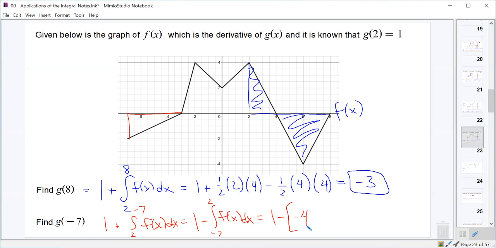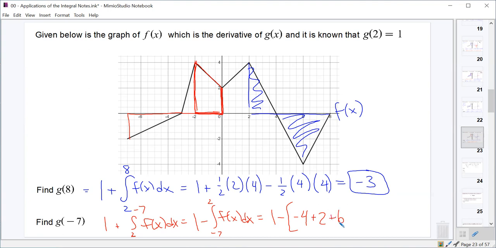We've done that a bunch of times. This one right here, 1/2 base times the height, that's just 2. So put that up there as plus 2. And we've done these trapezoids a few times also. That's base 1 of 4 plus base 2 of 2 makes 6. Divide that by 2 is 3, multiplied by the height of 2 brings you back to 6.